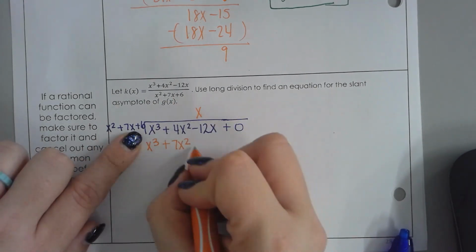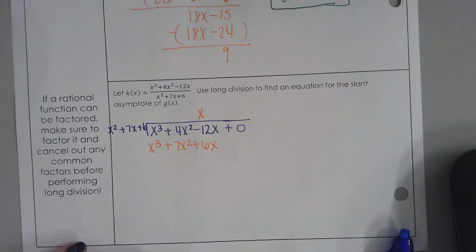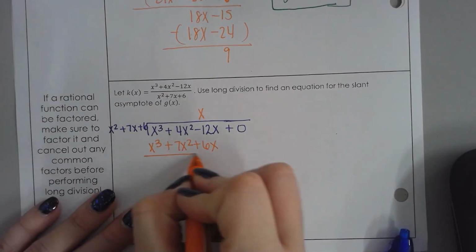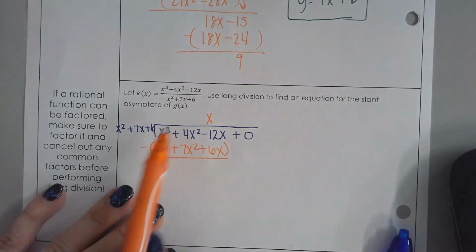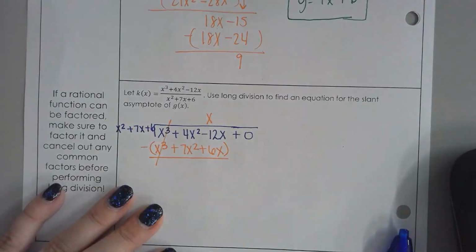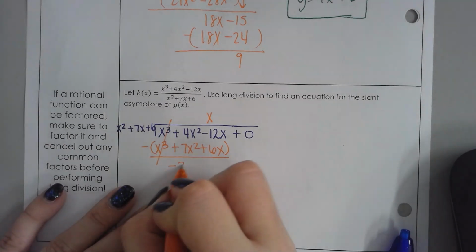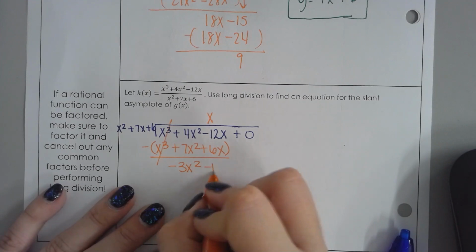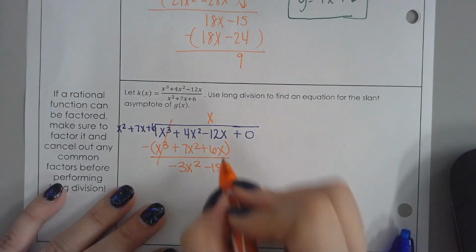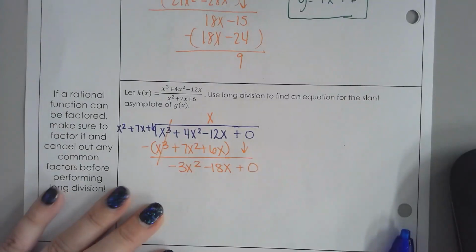And x times 6 is 6x. And then I subtract. Those cancel. 4 minus 7 is negative 3. Negative 12 minus 6 is negative 18x. Bring down the 0.